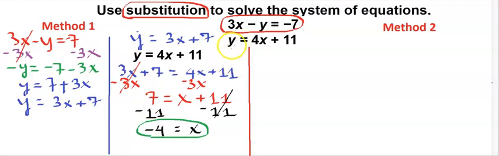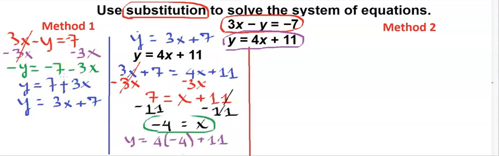Okay. So I'm going to go to the second equation, all right? I'm going to use the x and plug it in. I'm going to substitute into the x to find the y. So you got y equals 4 times x, and that's going to become 4 times negative 4, plus 11.